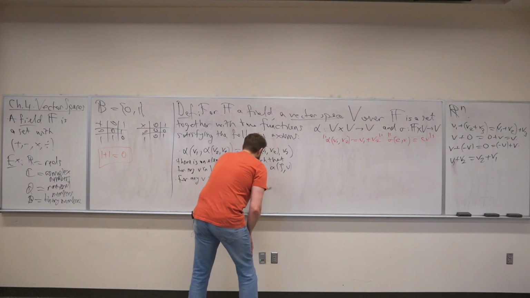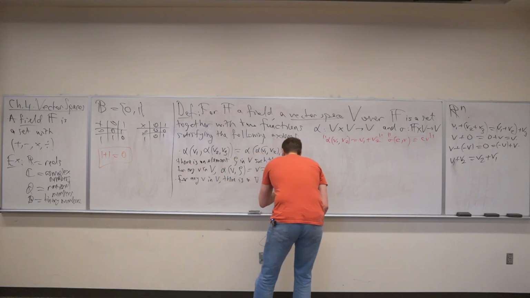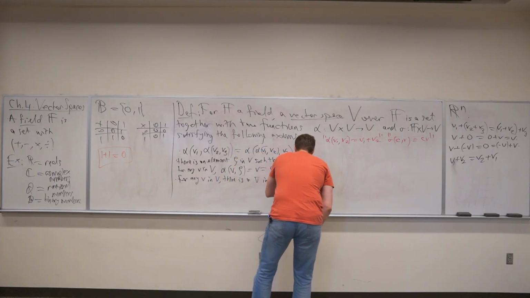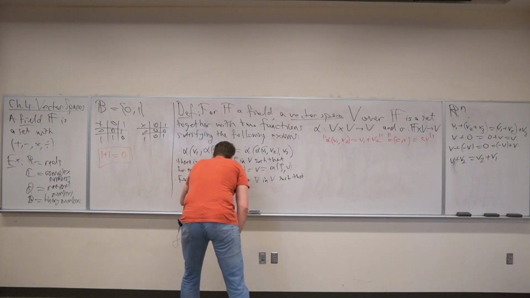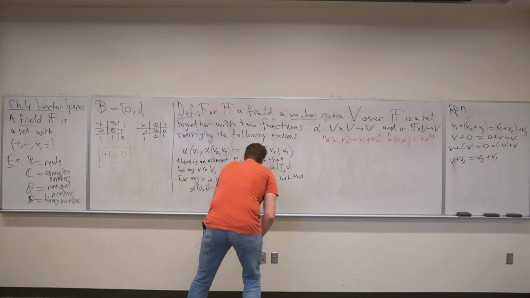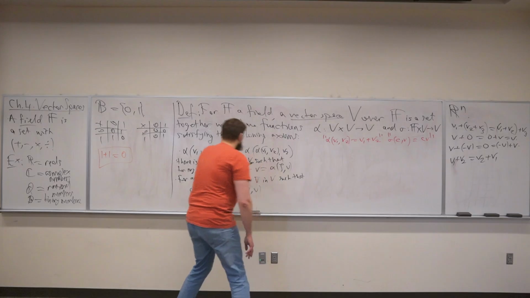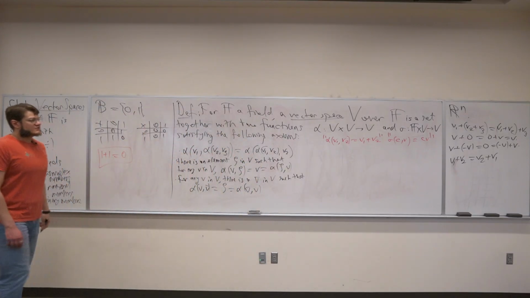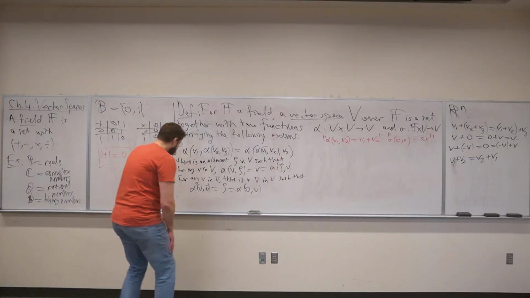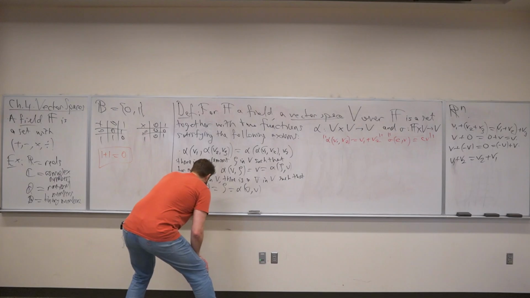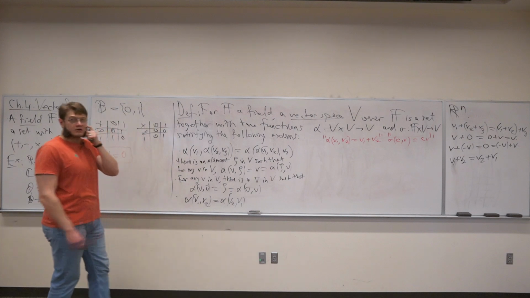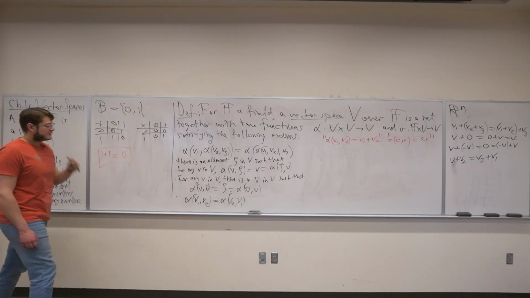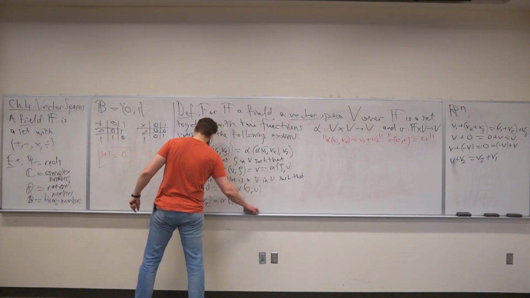There is a V bar in V such that alpha of V comma V bar is zeta, which is the same thing as alpha of V bar comma V. And then the order should not matter: for any V1, V2, alpha of V1, V2 should be the same thing as alpha of V2, V1.